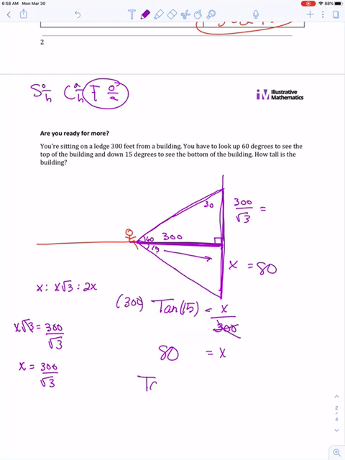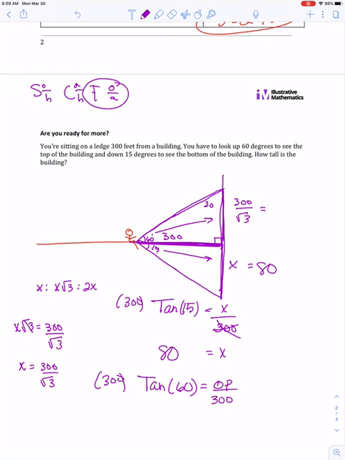We can do the exact same steps because we're still wanting our opposite side. So, tangent of 60 degrees is equal to opposite over adjacent, so again, multiply that by 300. So, it's like tangent of 60 times 300.